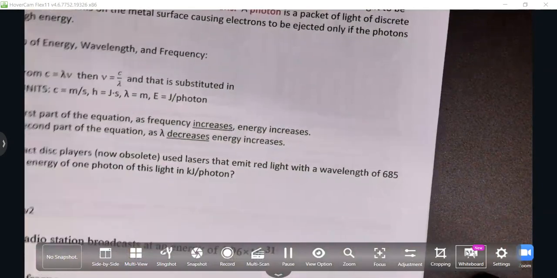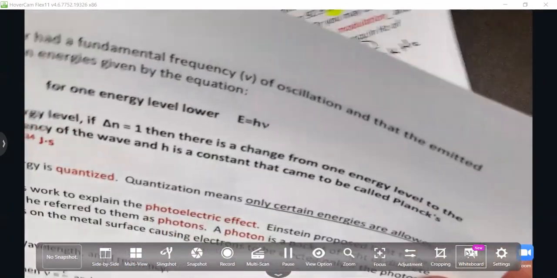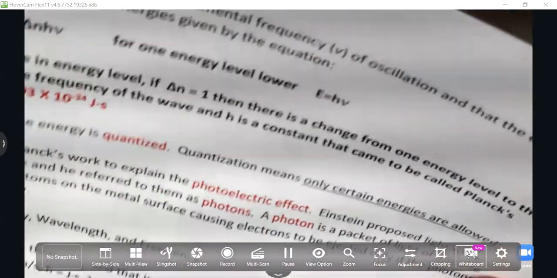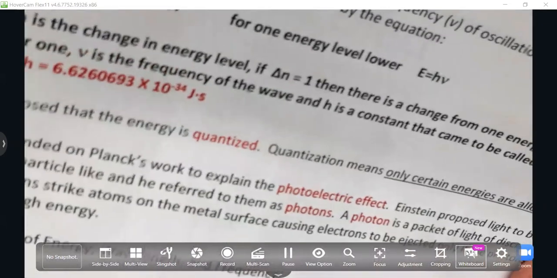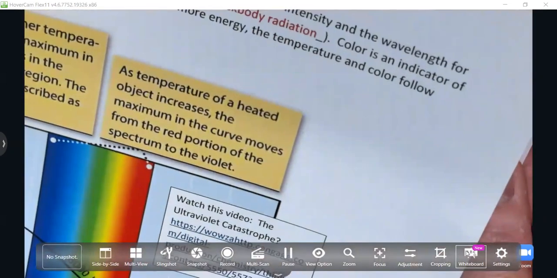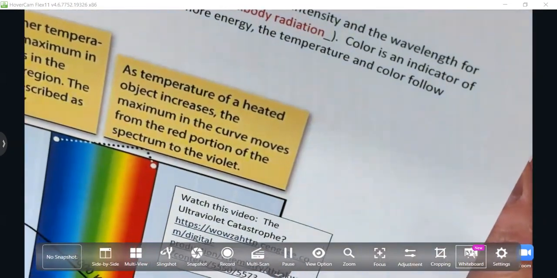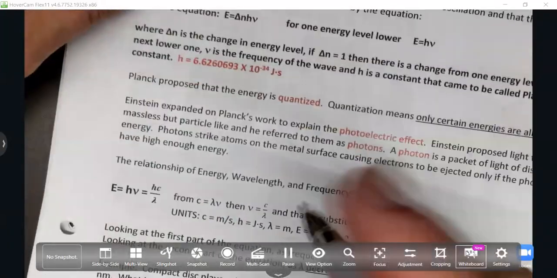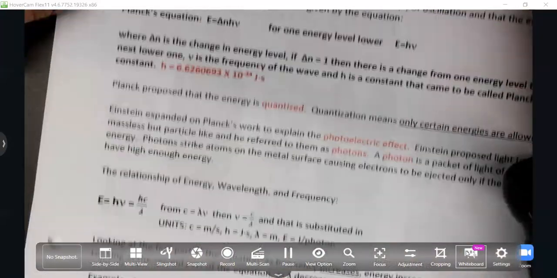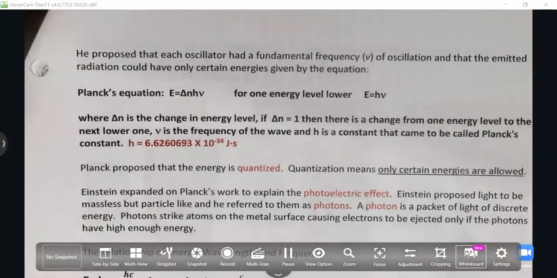And I believe then we should be on page 6. Okay, so on page 6, it is actually Planck that comes out with our equation that relates.